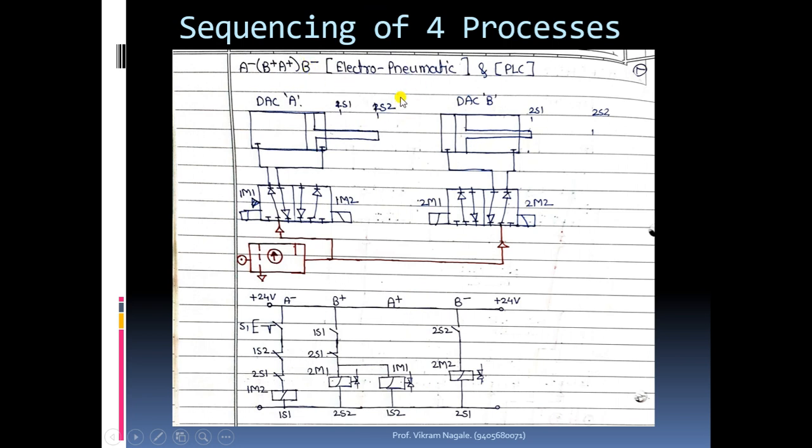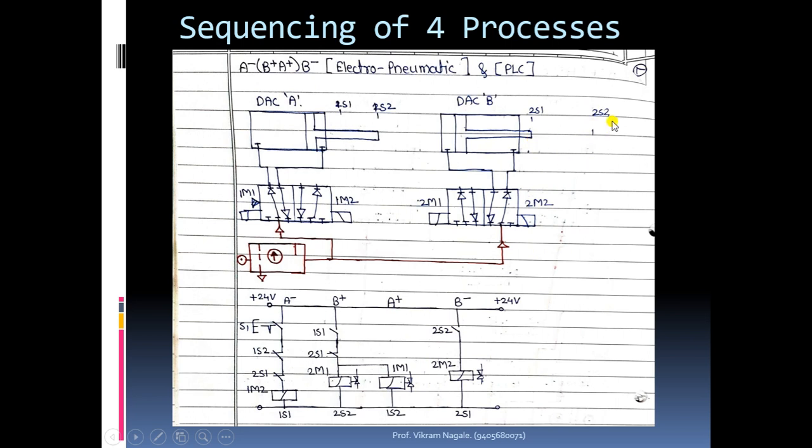After completion of the second task, you can see the rod end of cylinder A will be at 1s2 and the rod end of cylinder B will be at 2s2. So you can use feedback from any one position, that is 2s2 or 1s2, and from that you can directly give supply to this 2m2 coil. By energizing this 2m2 coil, we are achieving A minus, B minus.